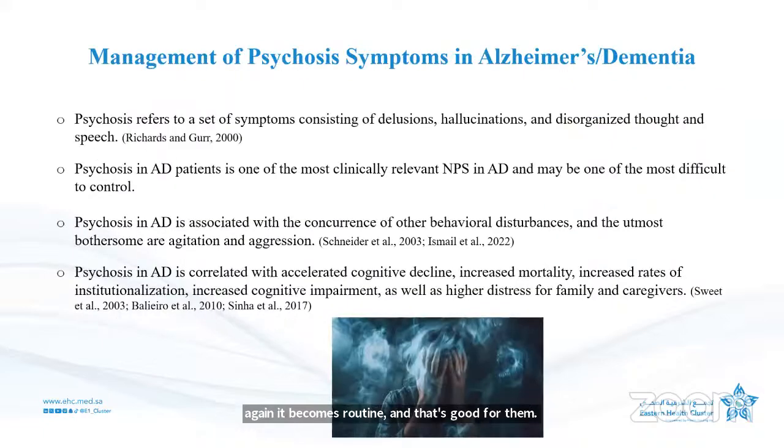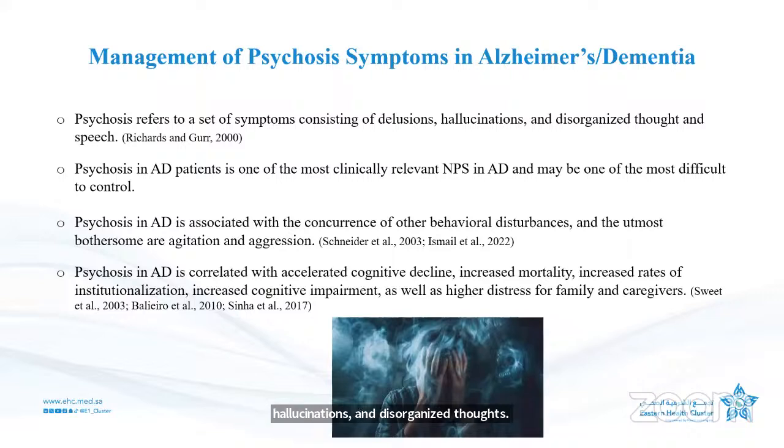And as Dr. Lubna mentioned, psychosis is another symptom that people with Alzheimer's and dementia tend to struggle with, but not as often as anxiety and depression, but it's still there. Psychosis refers to a set of symptoms consisting of delusions, hallucinations, and disorganized thought and speech.